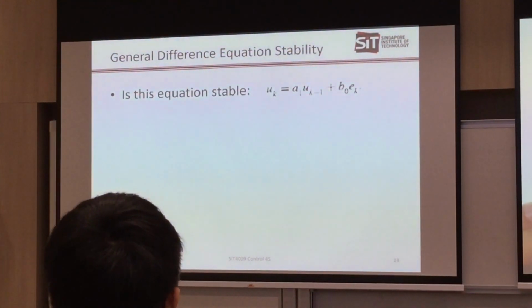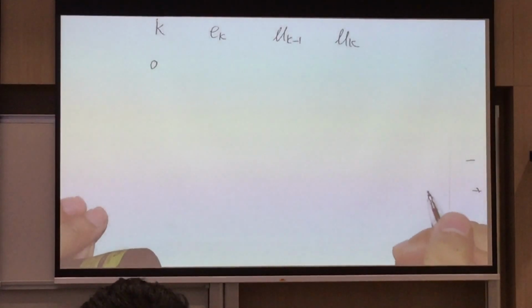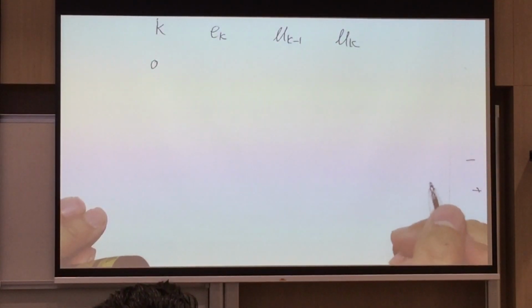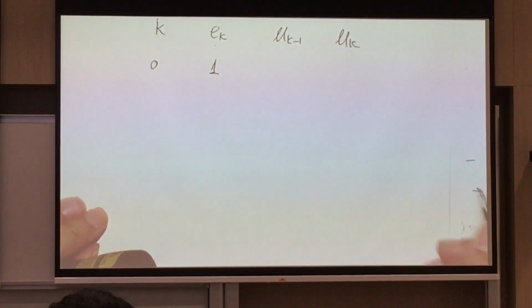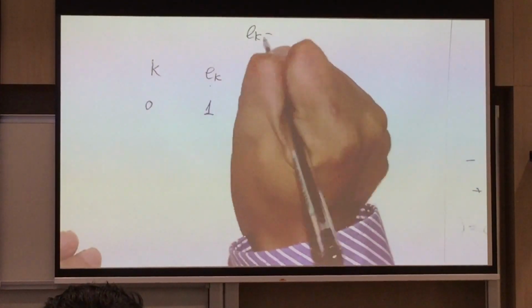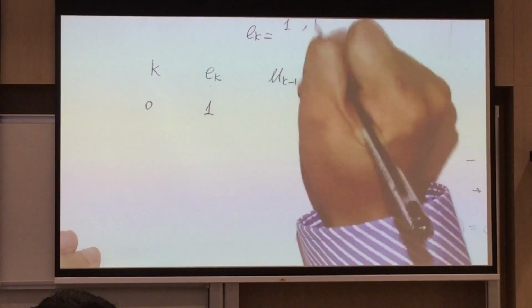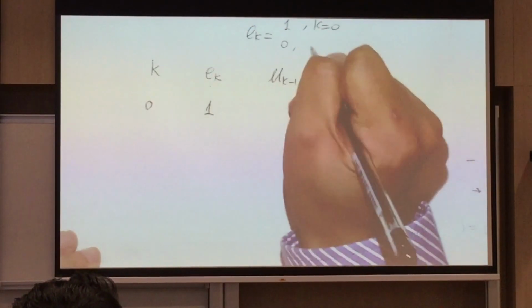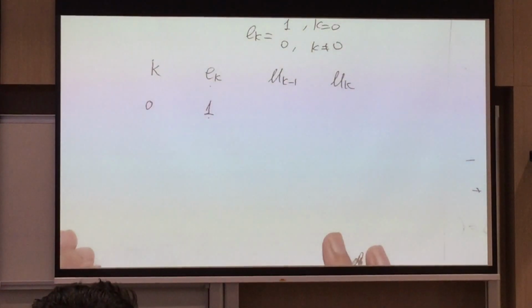We have k, e(k), u(k-1), u(k). So when k is equal to 0, what do we get? My input will be 1, because the definition of the impulse is that when k equals 0 it is 1, and the others are 0. So only at time 0, I get the input which is 1.